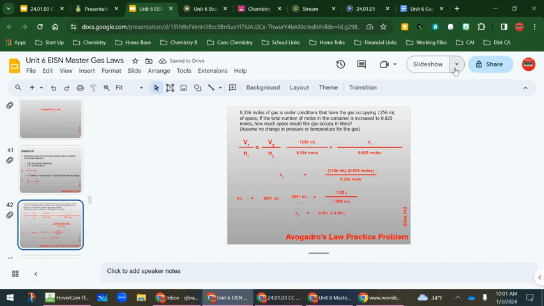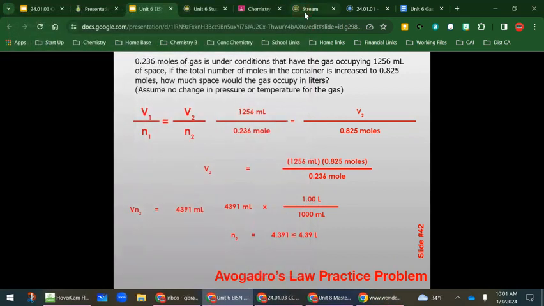All right, let's try this again, ladies and gentlemen, this time with the right things there. V1 over n1, volume over number of moles. Moles increase, what's going to happen to the volume? It's going to increase. By the way, the moles went up by about how many times here? 0.2 to 0.8.